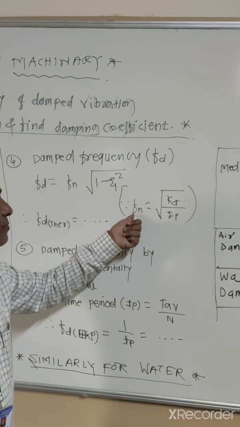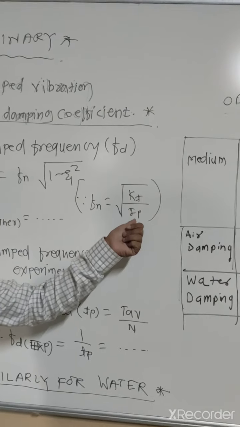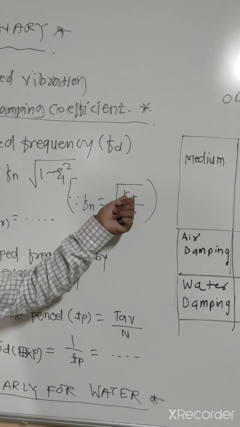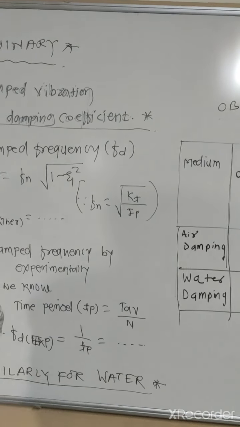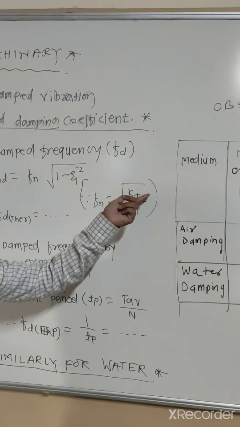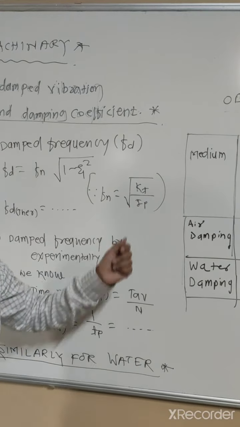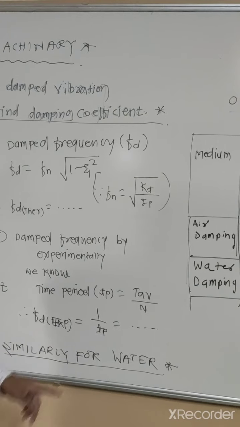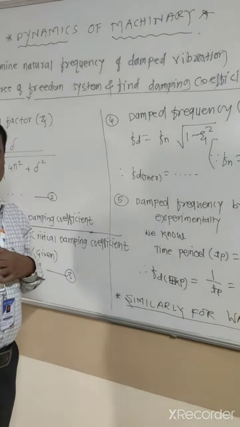It is calculated by the relation Fn equals under root Kt upon Ip, where Kt is the torsional stiffness of the shaft and Ip is the polar moment of inertia of the shaft. The question is, sir, how do we get the torsional stiffness and the polar moment of inertia? These values are given to you in your setup.